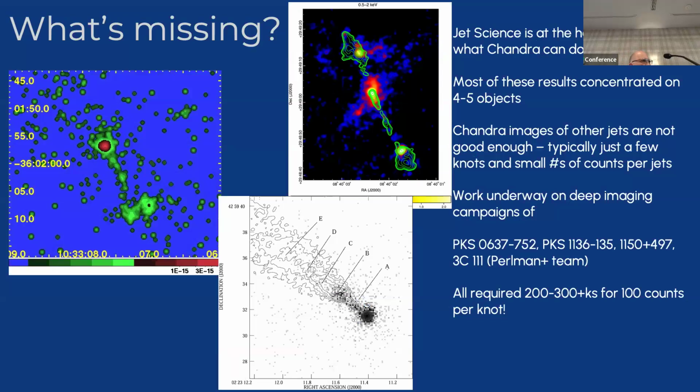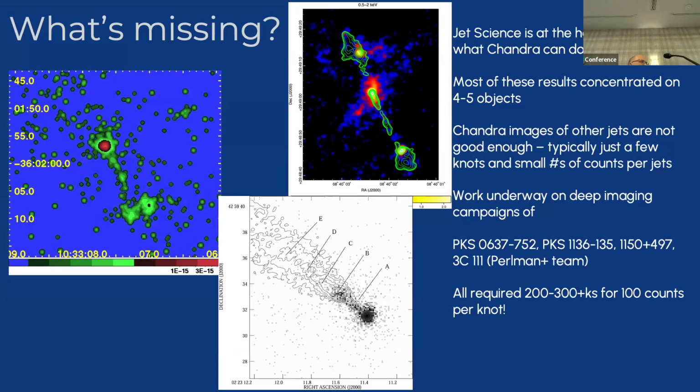Jet science is really at the hairy edge of what Chandra can do. I showed you some really nice results, but they came from only 4 or 5 objects. Chandra images of other jets just aren't good enough. So I just picked 3 at random, and these are 3 relatively good cases.